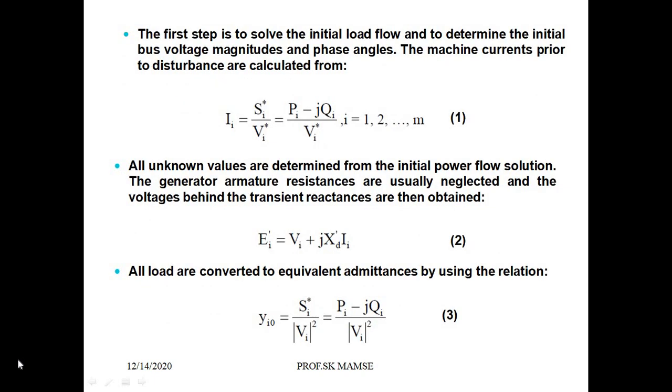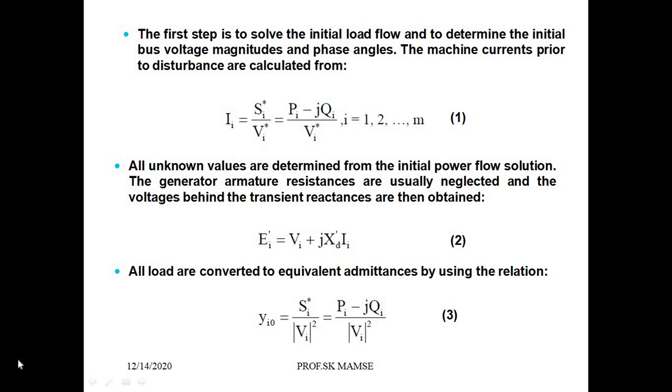The first step is to solve the initial load flow and determine the initial bus voltage magnitudes and phase angles. The machine currents prior to disturbance are calculated from Ii equal to Si divided by Vi, that is equal to Pi minus jQi divided by Vi, where i is equal to 1, 2, up to m.